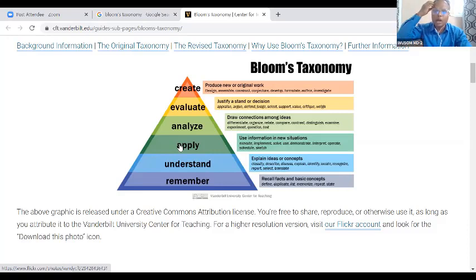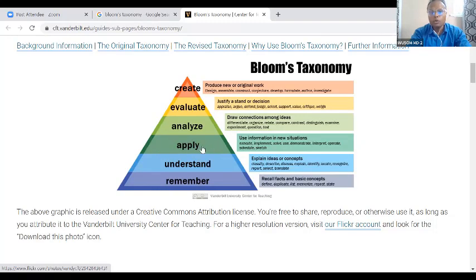Now, when I give you USMLE and NBME type questions directly, you haven't really crossed this level. When I directly do these questions, you don't understand, and you just try to memorize the answer. If you don't understand the concept, you are unable to apply. That is why you go through this process.